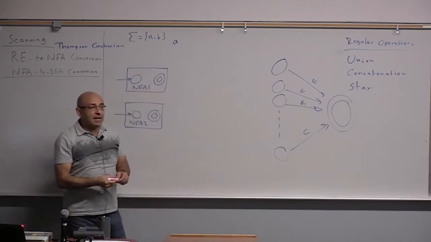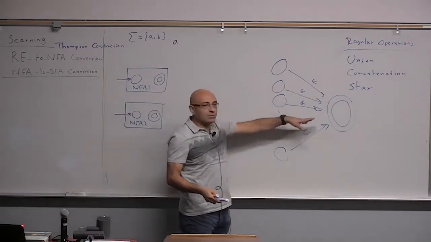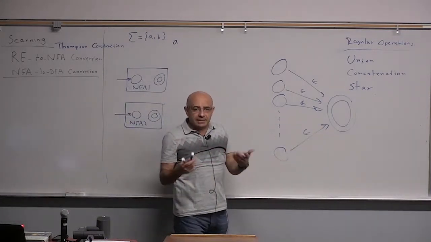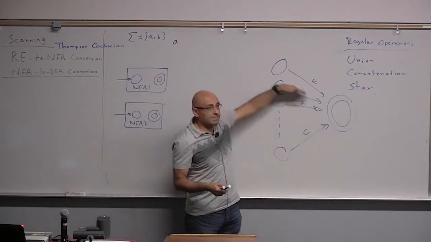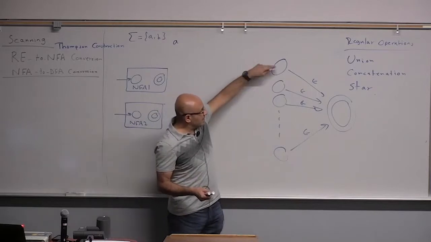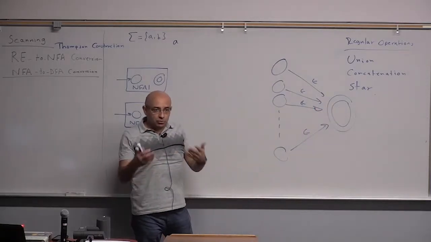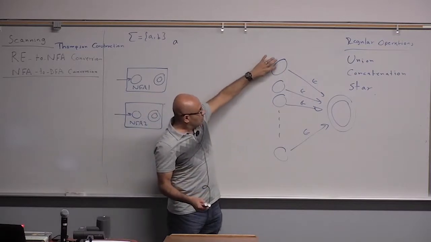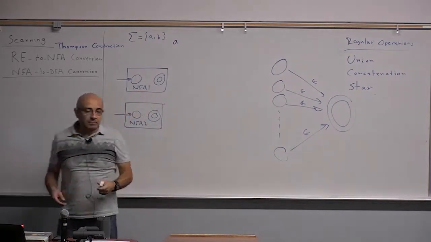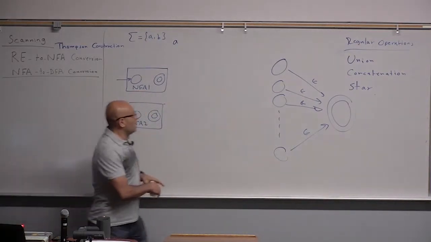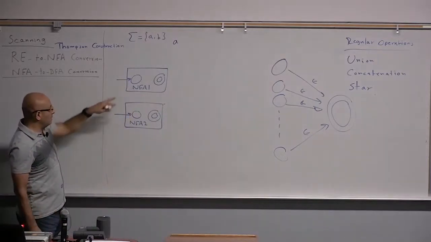So if an NFA has many accept states, you can easily convert it to an NFA that has a single accept state by doing these epsilon transitions from the existing accept states to a new accept state that you introduce, and then you change these from accept states to regular states.